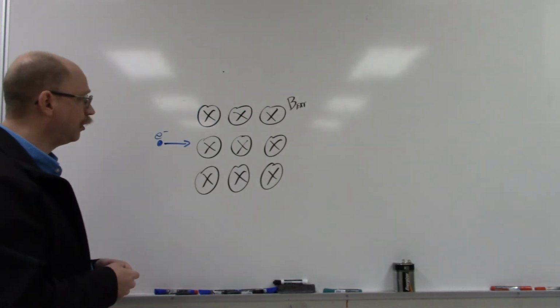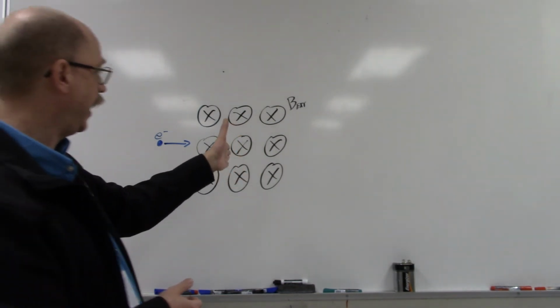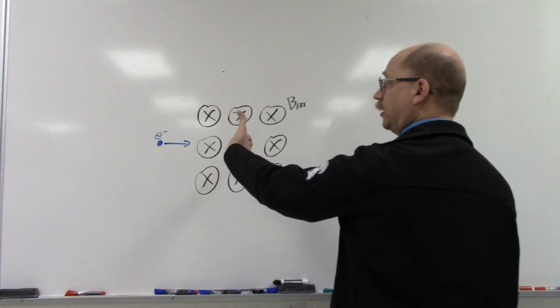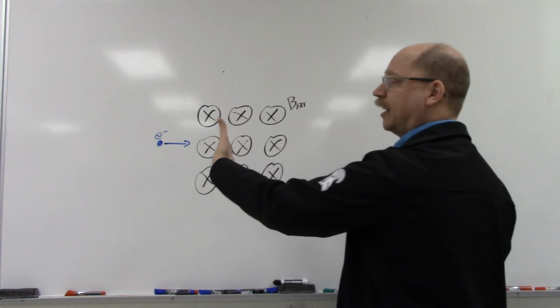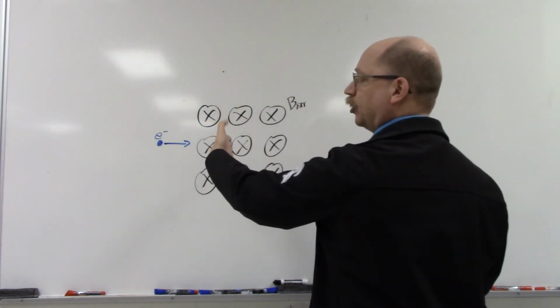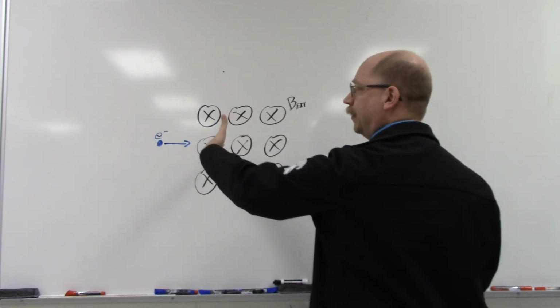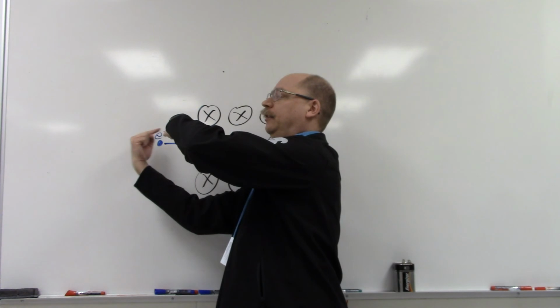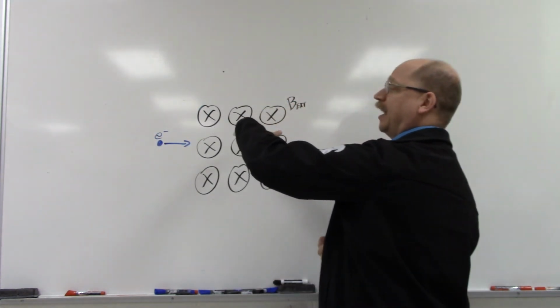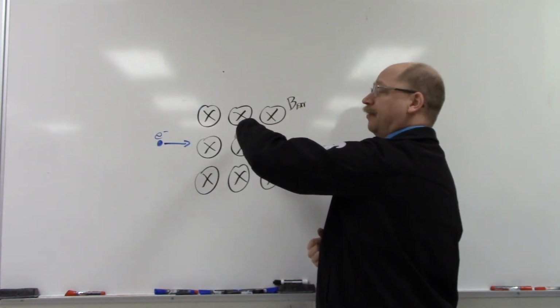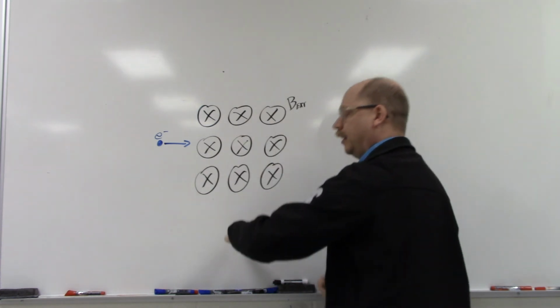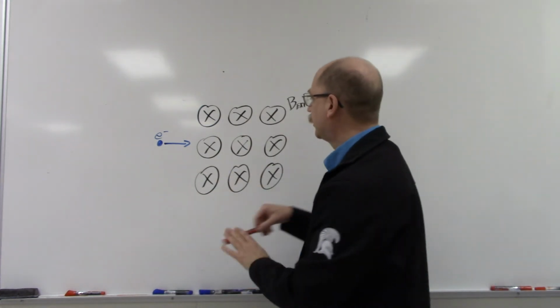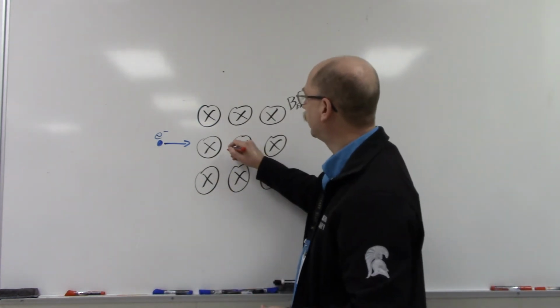So in this example, I've got to get my hand pointing into the board for the external magnetic field, and then I'm going to turn my hand so my thumb points that way, because that's the direction that the electron is moving as it enters the magnetic field. That means that my palm is pushing down. So the direction of the force exerted on it is pushing down.